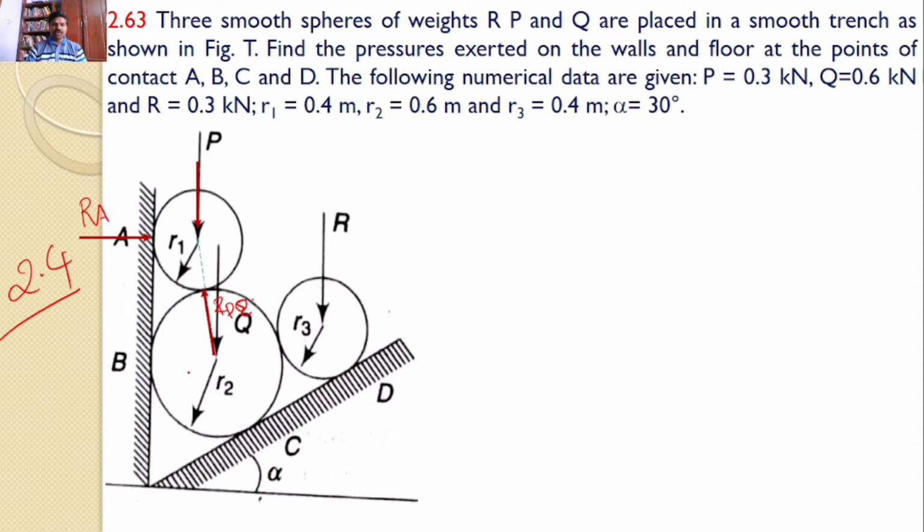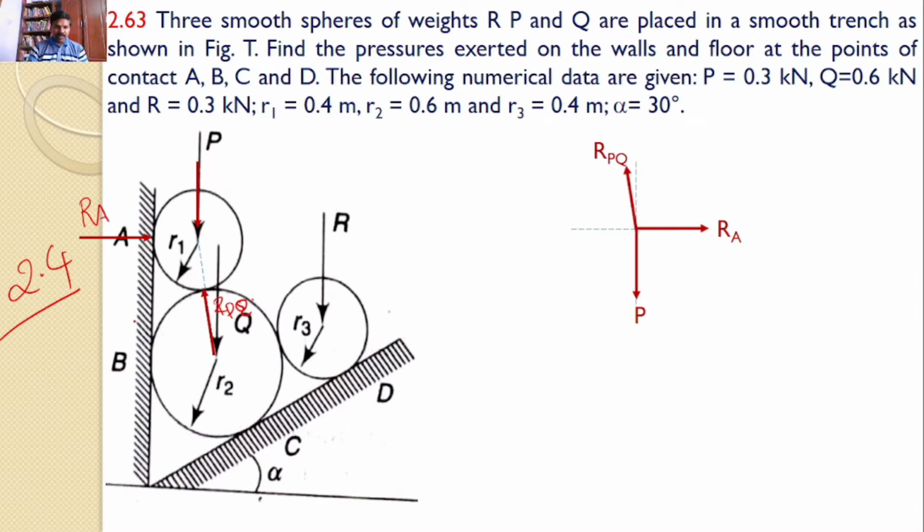There are three forces. Now let's transfer all these three forces onto a separate xy plane for easy analysis. So this is P, this is Ra, and this is Rpq. Clearly we can see P is vertical, Ra is horizontal, but Rpq is an inclined force. So let us try to find the angle made by this Rpq. For that, look at this.